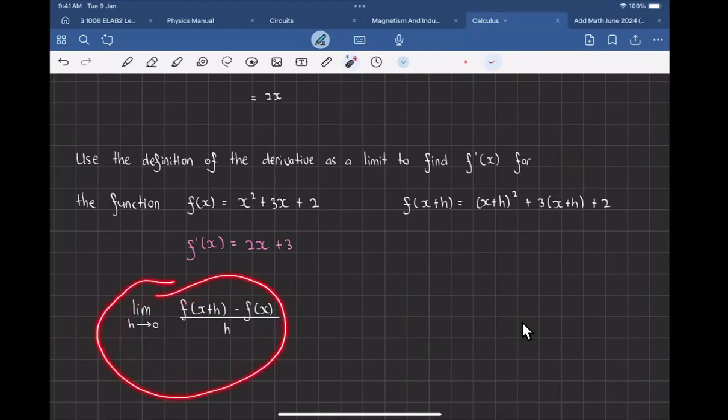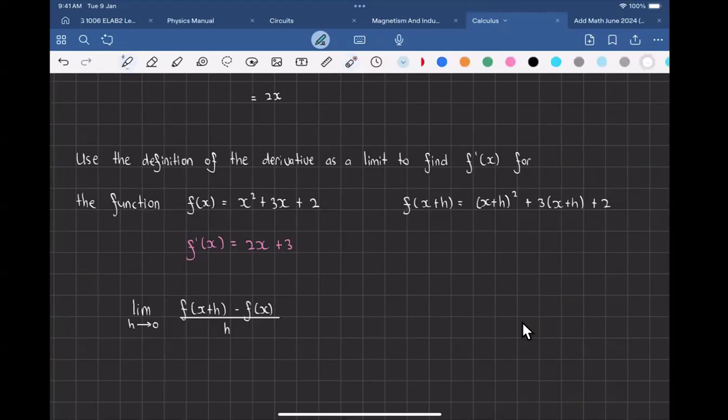Because watch, you found f of x plus h, but you found it on one side. So now you need to put it back in. Let me show you our difference. Let me just say you plug it into the formula one time.